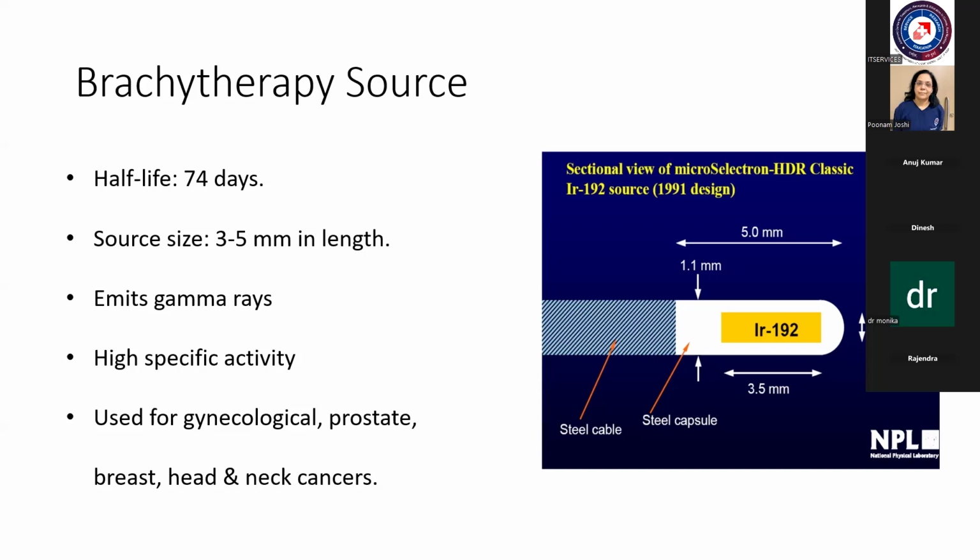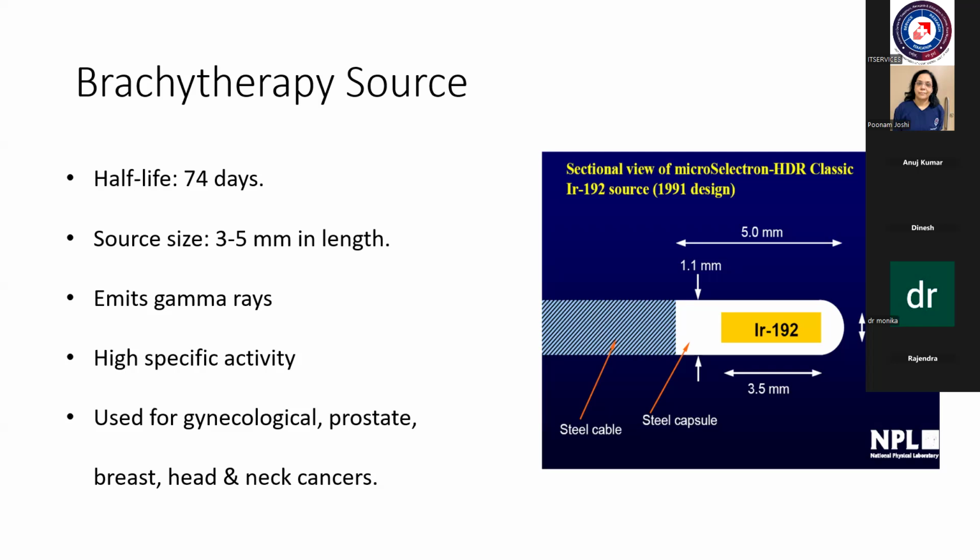This is the latest source that we use in brachytherapy, called the iridium-192 source, which has a half-life of 74 days. The source size is very small, like we can see here. The active length of the source is just 3.5 millimeter, with a 1.1 millimeter diameter, and it emits gamma rays. There is a high specific activity for this brachytherapy source, and it is used for various gynecological, prostate, breast, and head and neck cancers.